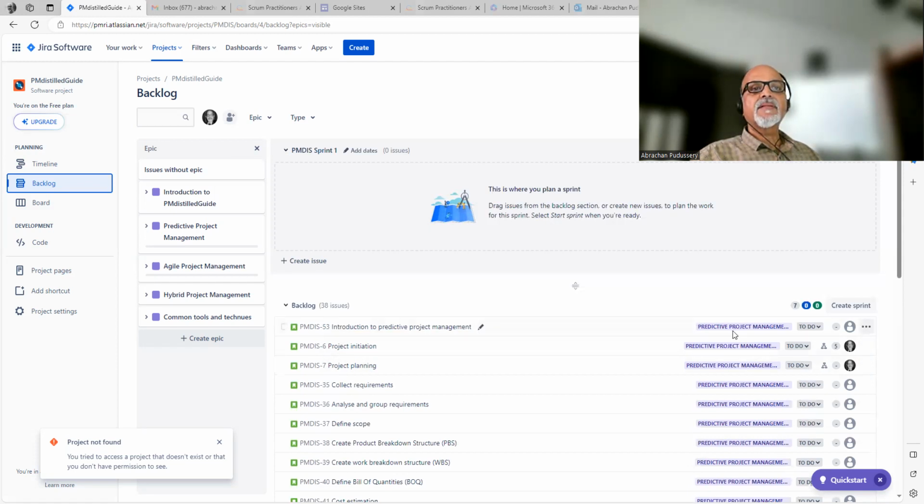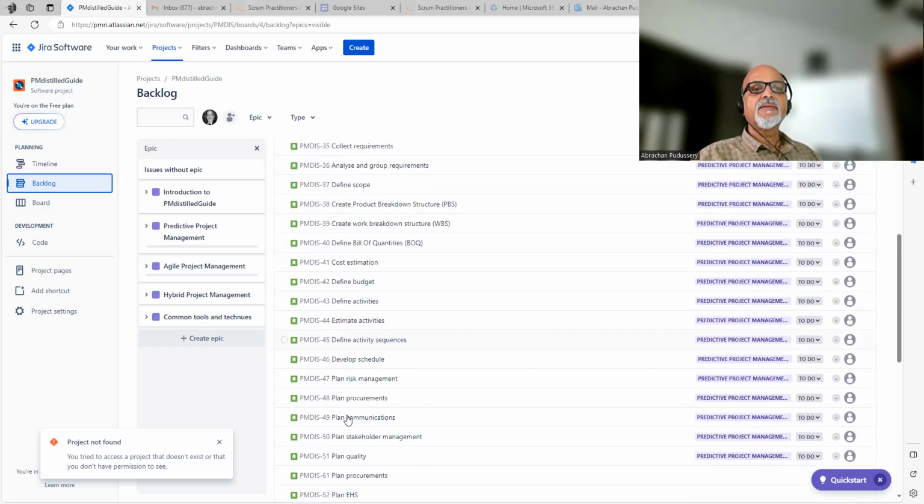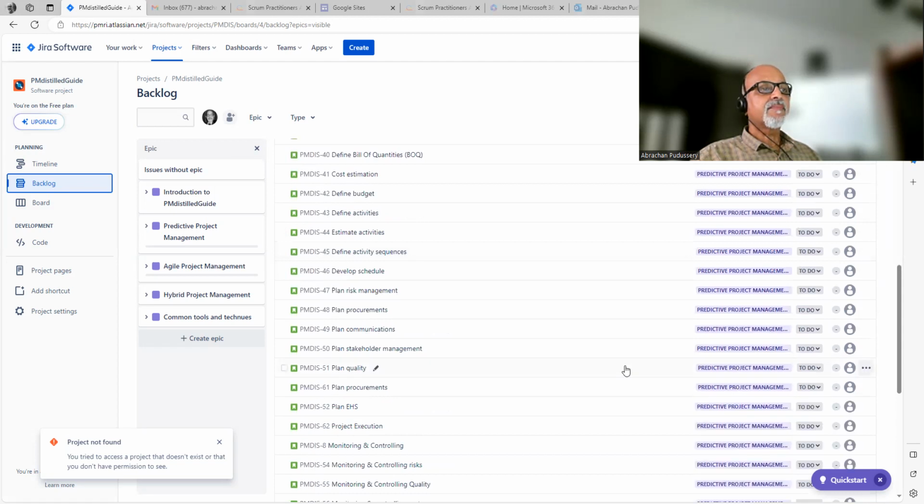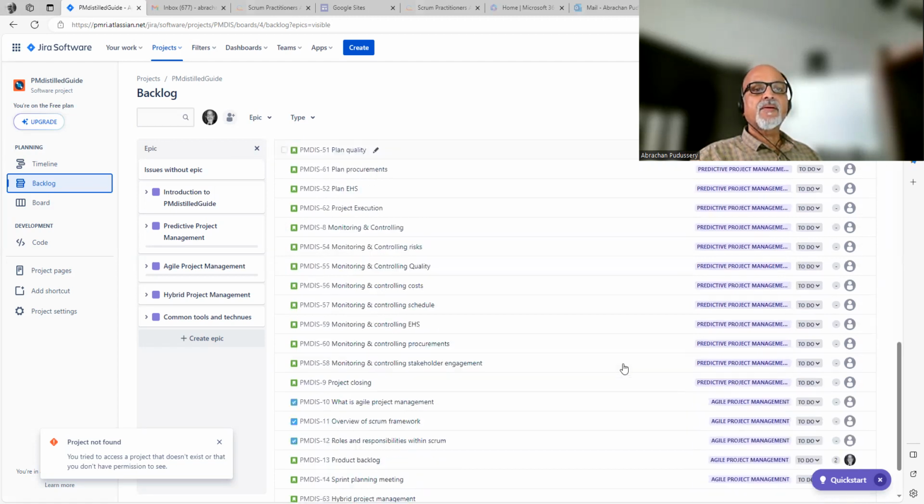And these are the epics. Under predictive project management, I have this many user stories. Quite a lot of user stories. Then under the epic agile project management, I have many user stories.